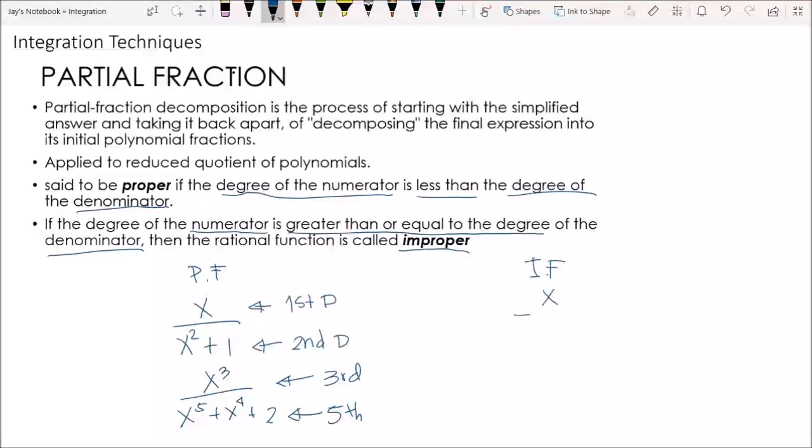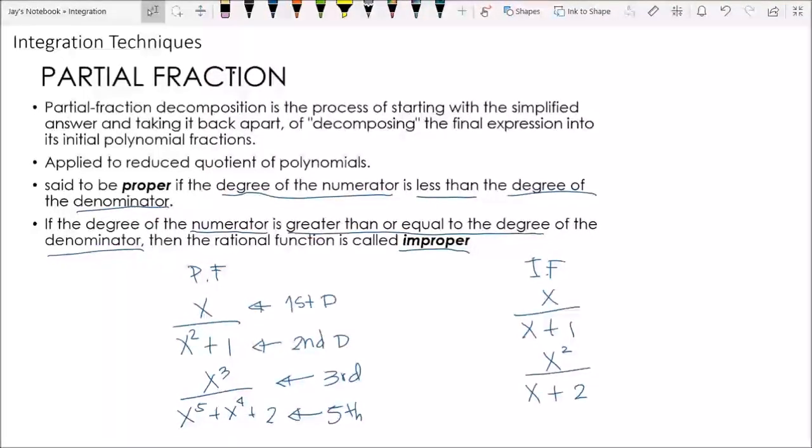For example, x over x plus 1. Take note they have equal exponents, first degree in the numerator and the denominator also has the same order, first degree. Therefore, it is an improper fraction.